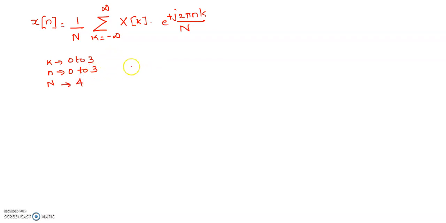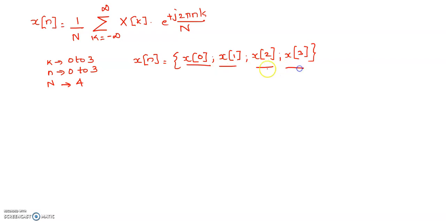So x of n is expected to contain 4 samples: x of 0, x of 1, x of 2 and x of 3. These are the 4 samples that we need to find.